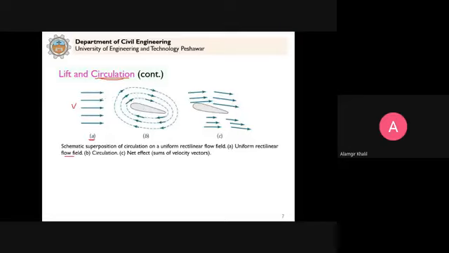So when this fluid flows past this object, let's say this will follow this direction here, similarly this will follow this direction. This is just for understanding, let us assume.